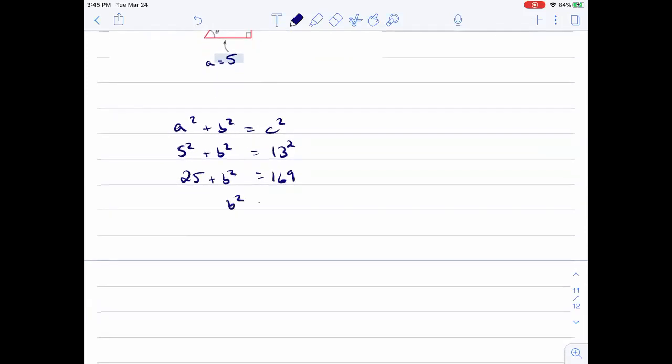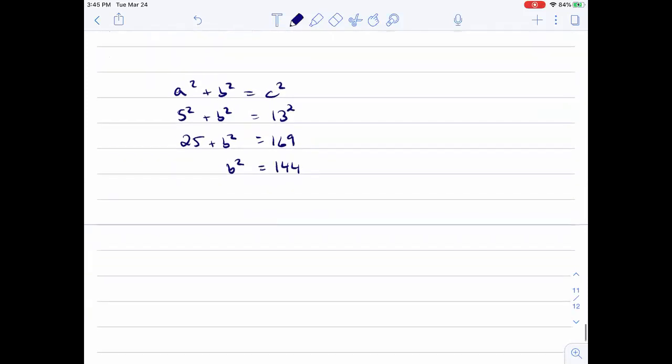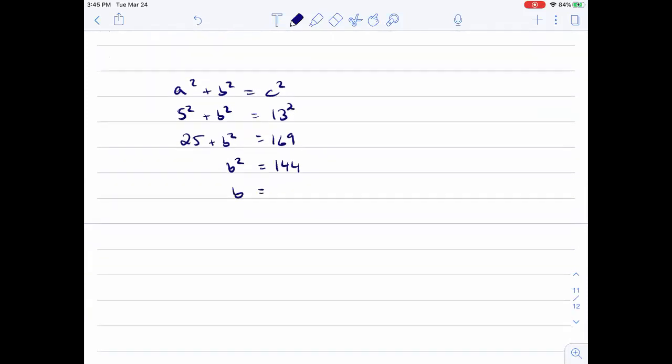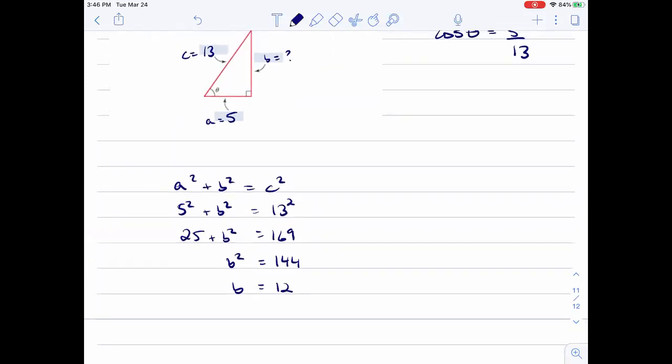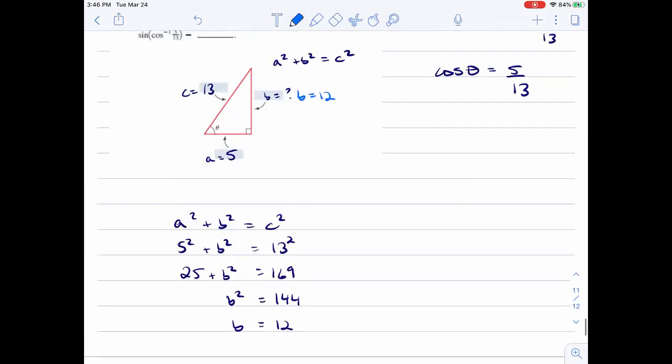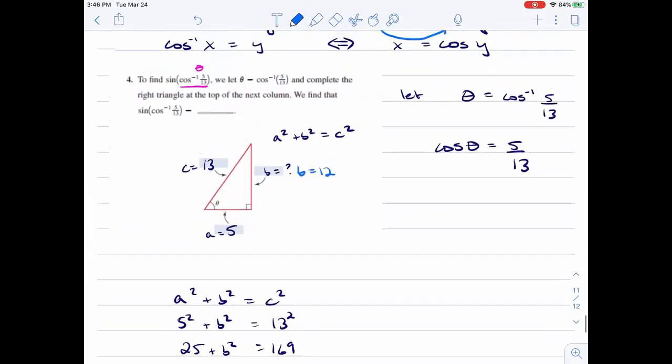So b squared is 169 minus 25, 144, so b must be 12. So then here, b equals 12.